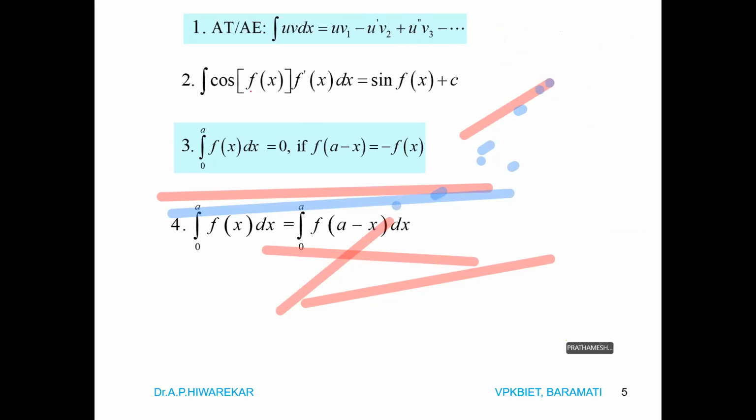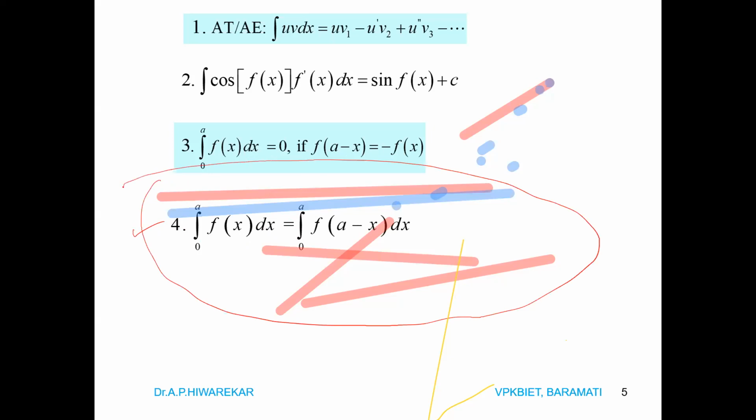Then we have the integral of cos of fx into f dash x dx, that is sine of fx plus C. Then the integration from 0 to 2a of fx dx is 0 if f of 2a minus x is equal to minus fx. And this is the most important fourth formula. That's why it is shown in bold letters.